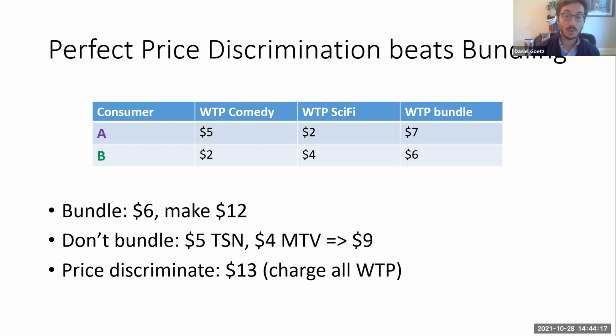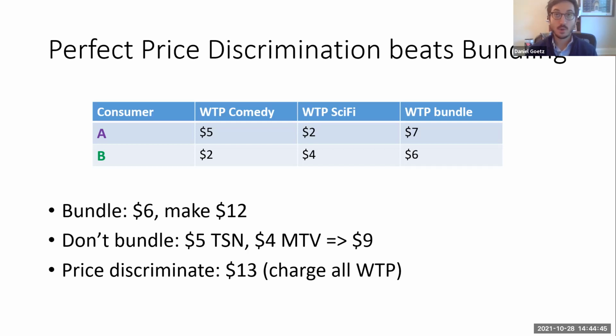For consumer B, we charge them $2 for comedy and $4 for sci-fi, right? So we extract all of the value possible. So with perfect price discrimination, we can do better. But as we said, that's kind of hard to do. And bundling is fairly easy to do. So bundling things together can often be more profitable.